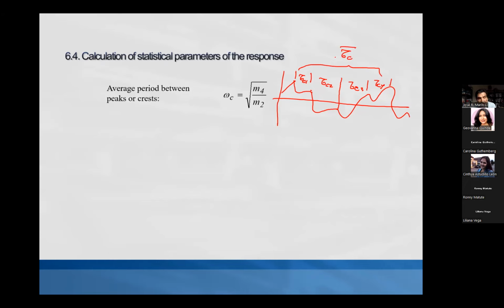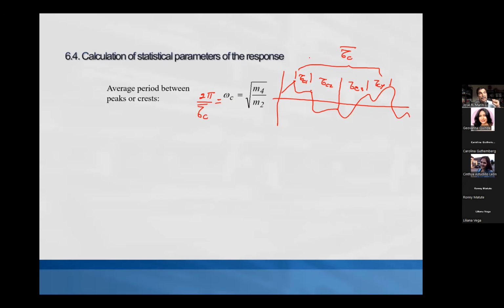Okay, this average can be proven. I am not going to do it here. It has this frequency. So with this frequency, we can set this equal to 2 pi divided by tau sub c average, which is this one here. What do we need this for?